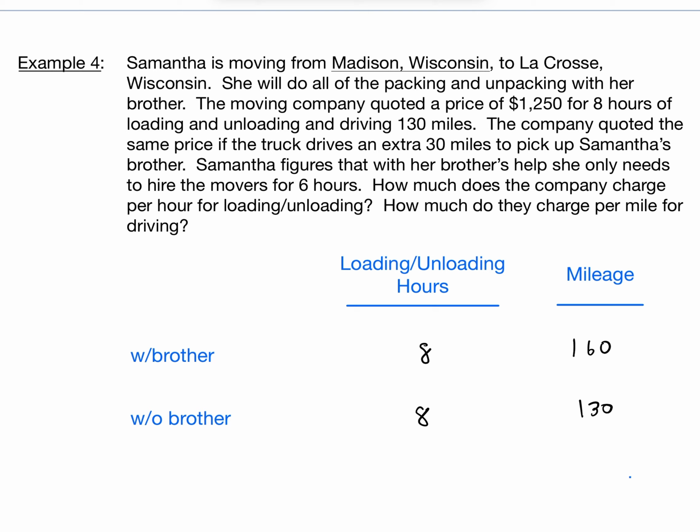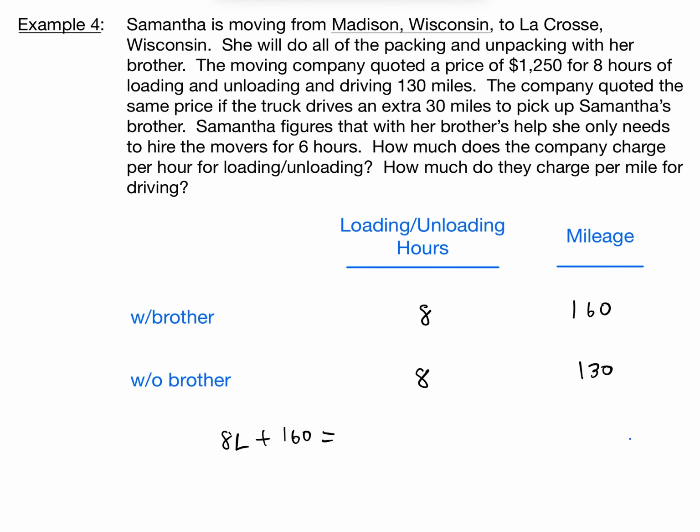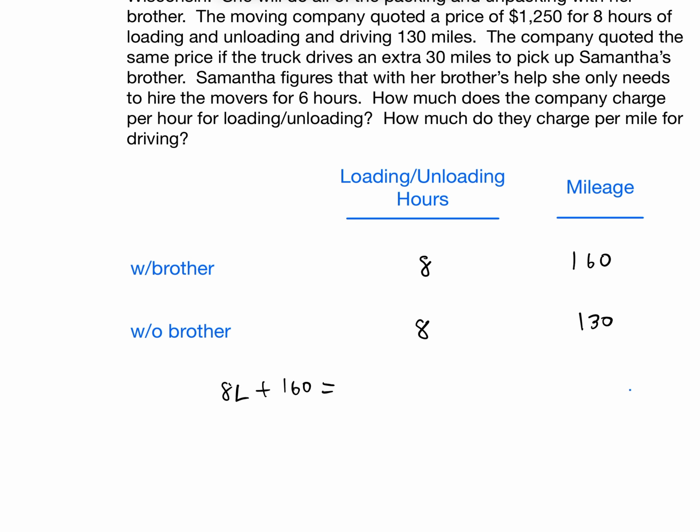So let's go ahead and create this equation. With the brother, the equation is going to be 8L for loading, unloading, plus 160 miles is equal to $1,250. And then without the brother, it's going to take 8 hours still, but this time it's 130 miles.